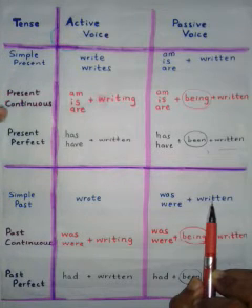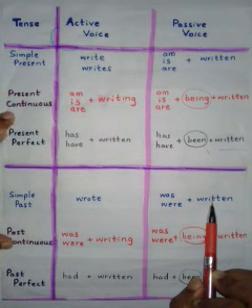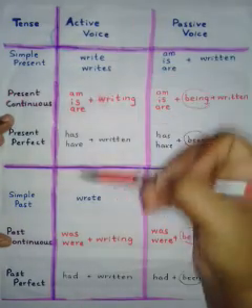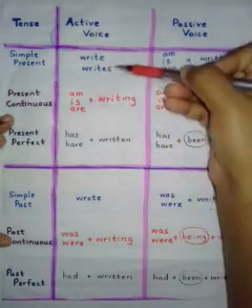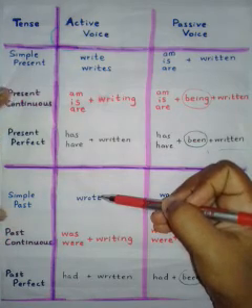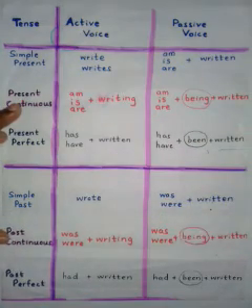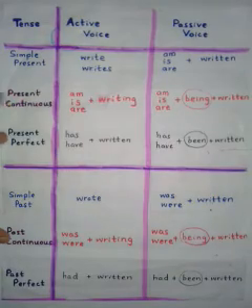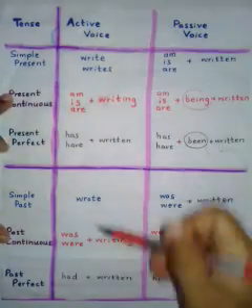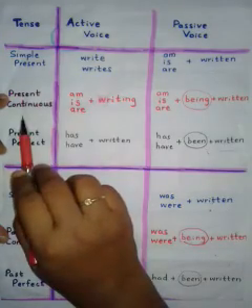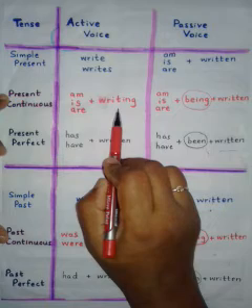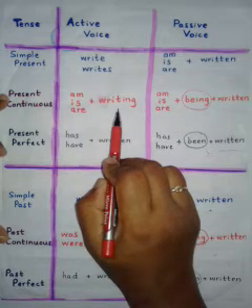Now let's look at these continuous aspects. These are parallel, that is why I compare these. Present continuous and past continuous are going to be compared. For active voice, for the present continuous we use am, is, are plus the present participle or the ing form.